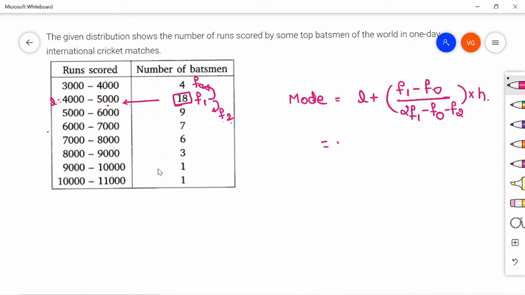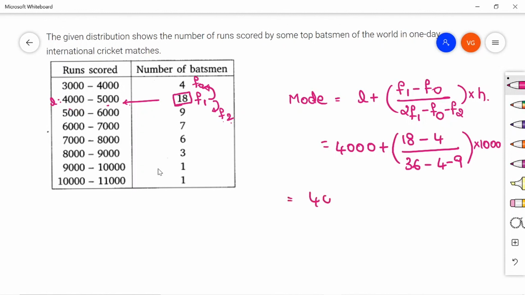So very simple, substitute. L is 4000 plus F1 is 18 minus F0 is 4 divided by 2 into 18, 36 minus F0 is 4 minus F2 is 9 multiplied by height 1000 here, right?